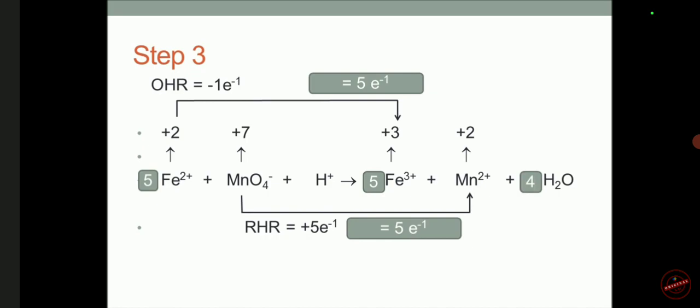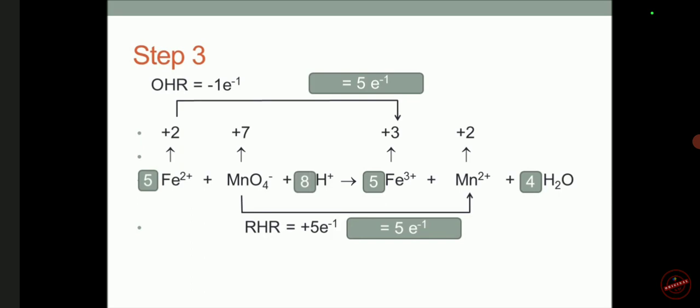What remains to be balanced at this time is hydrogen ions. Since we have 8 hydrogen atoms on the right side, we need to have 8 hydrogen ions on the reactant side. So add the required quantity of acid. Now we have a balanced equation.